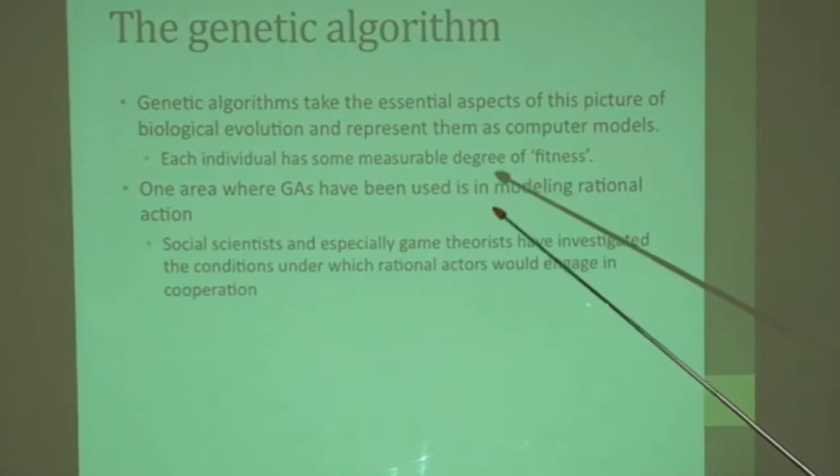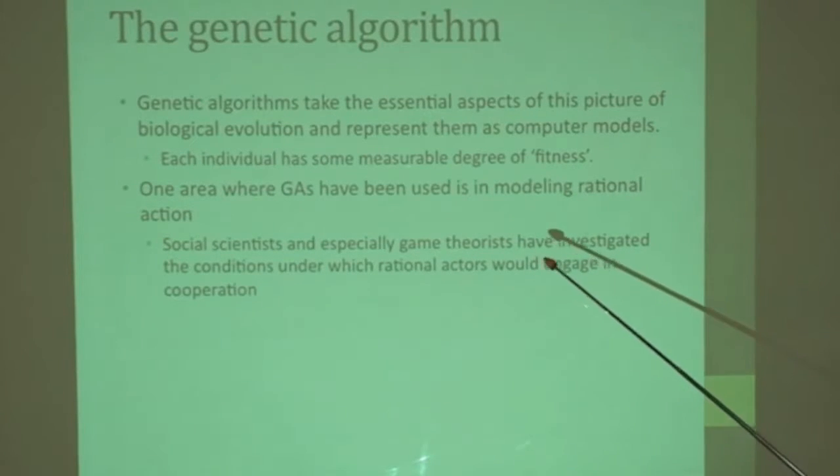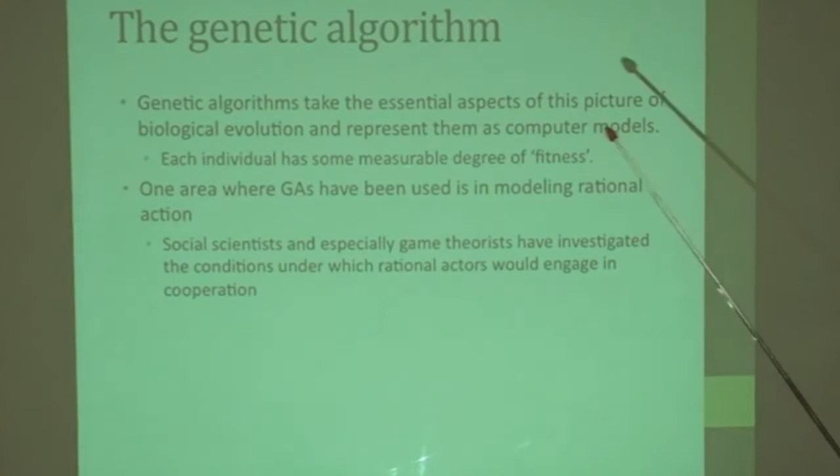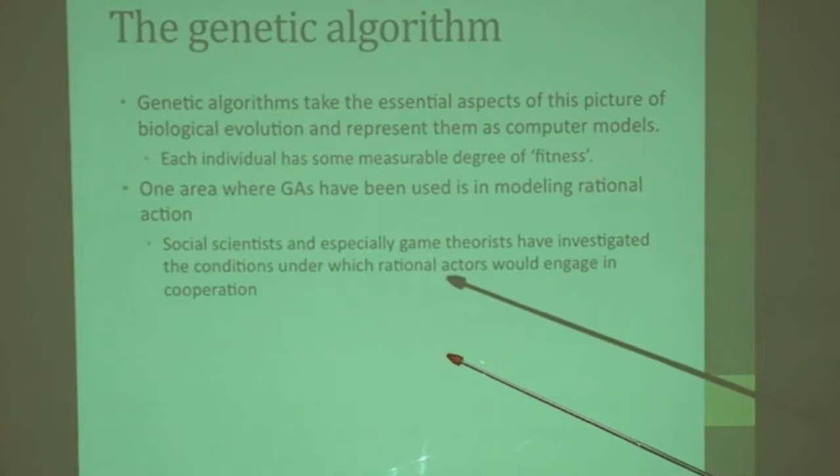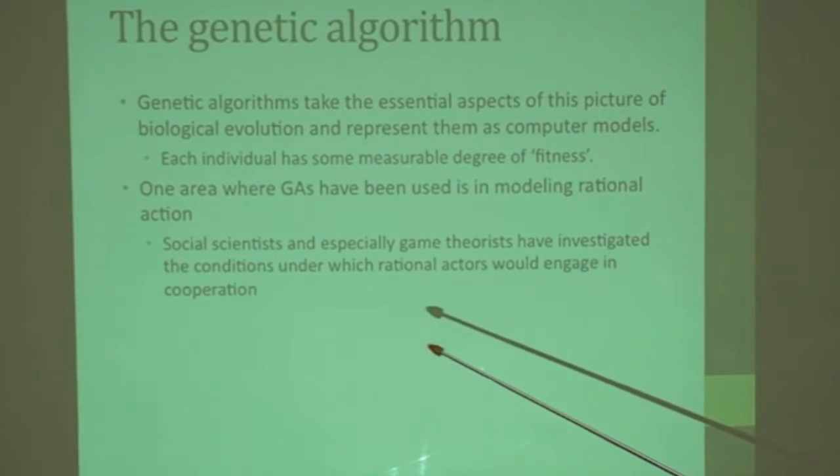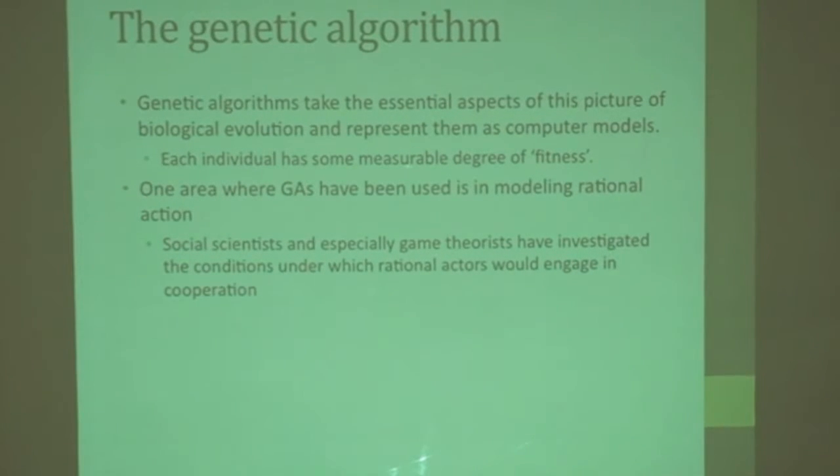One area where GAs have been used is in modeling rational action. Social scientists and especially game theorists have investigated the conditions under which rational actors will engage in cooperation.